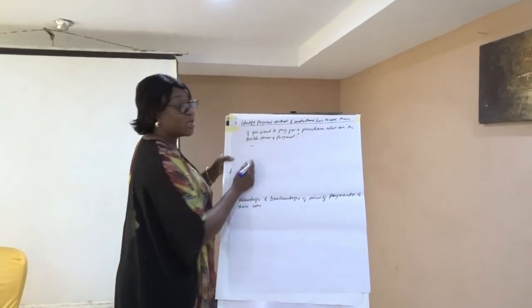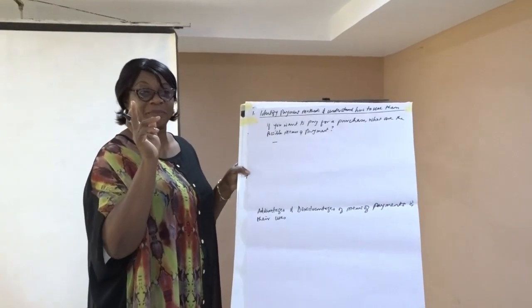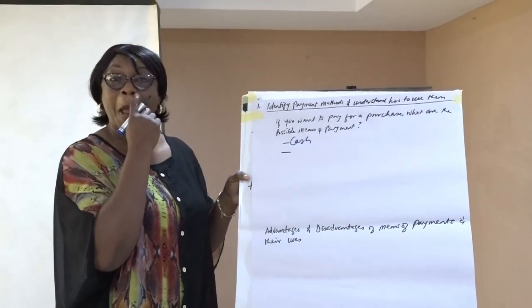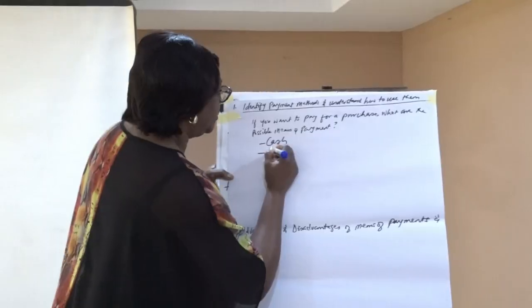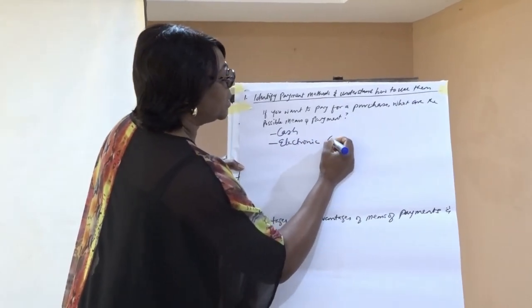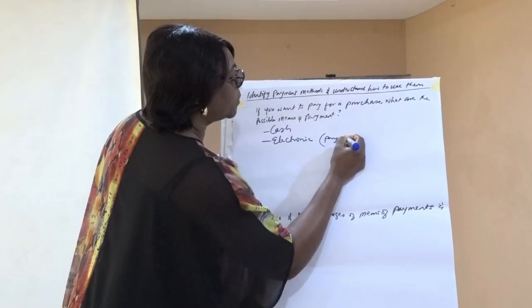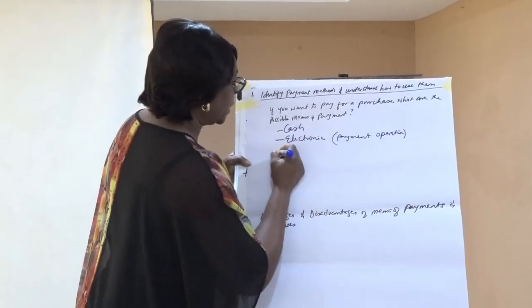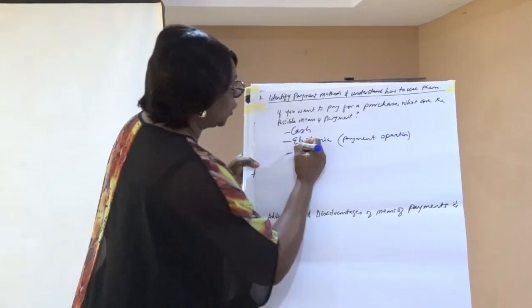So, what are the means of payment? One, cash. Yes, we can use cash. What else? Electronic transfer. You can say it is a payment operation. Yes, what else? Yes, check.